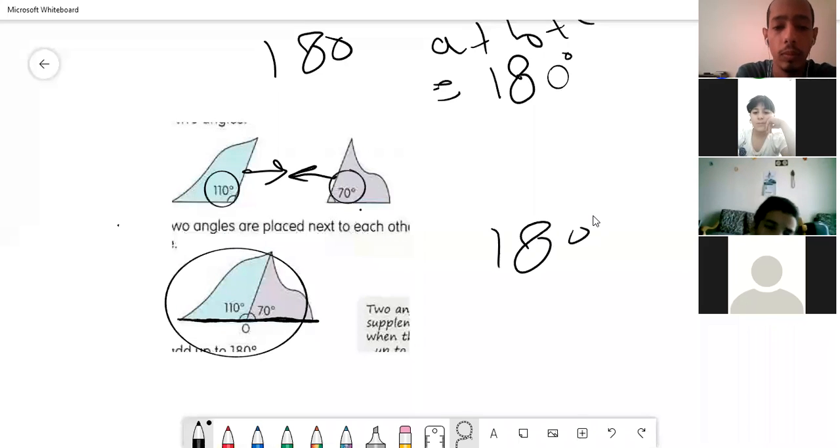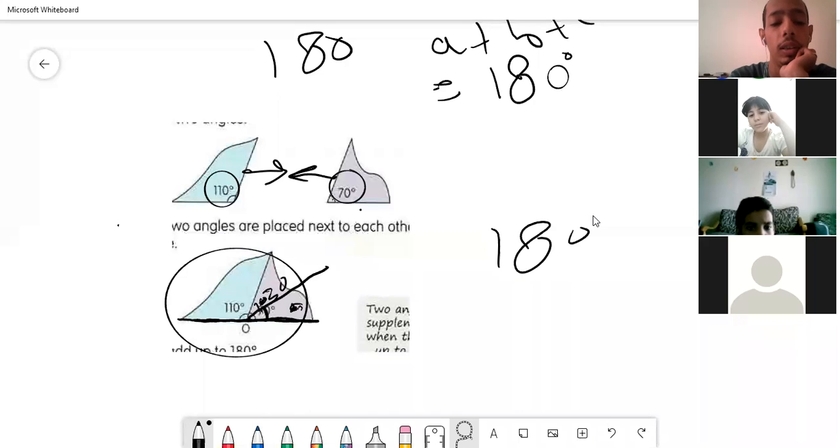But imagine that this was, for example, 30. What should this be? 140. What is the size of this angle? Then here it should be whatever makes 180.